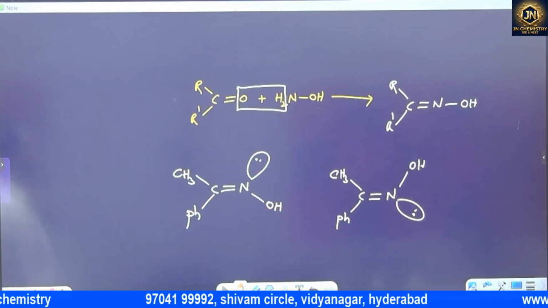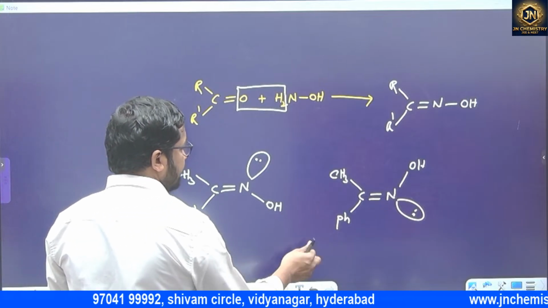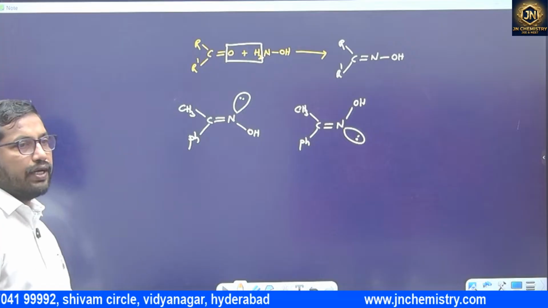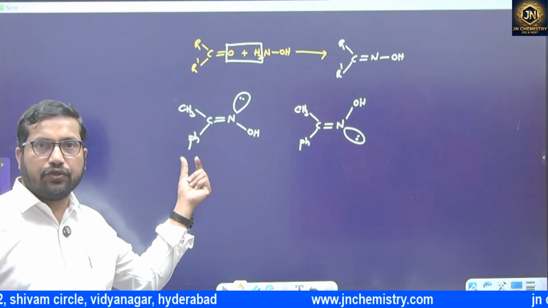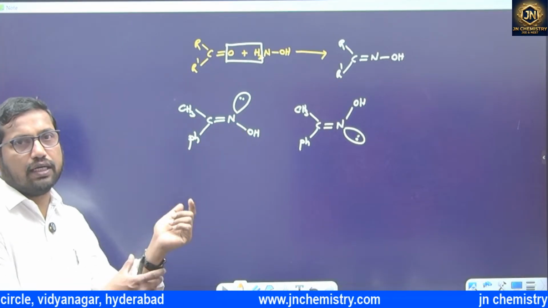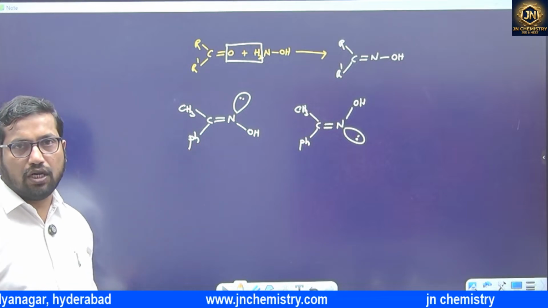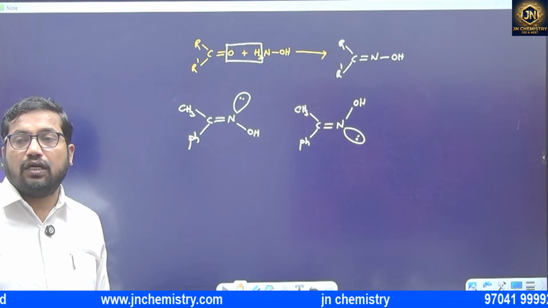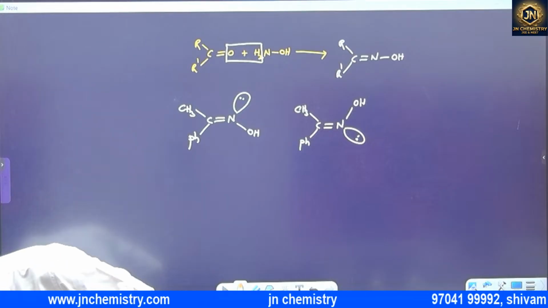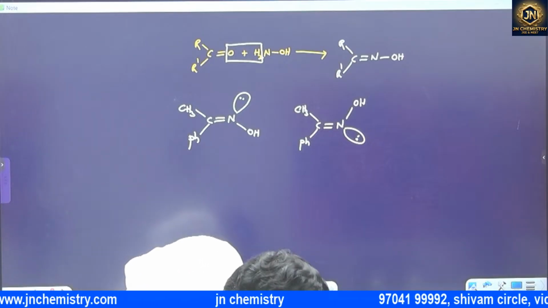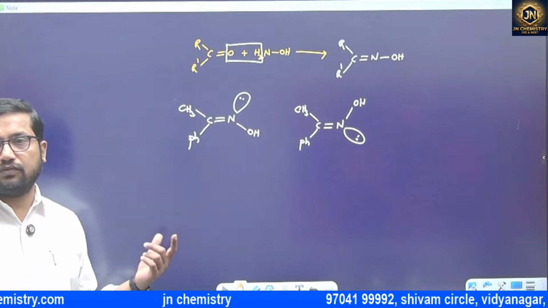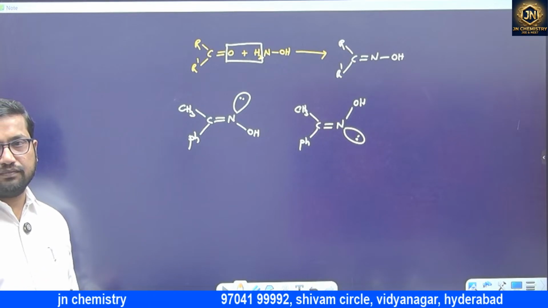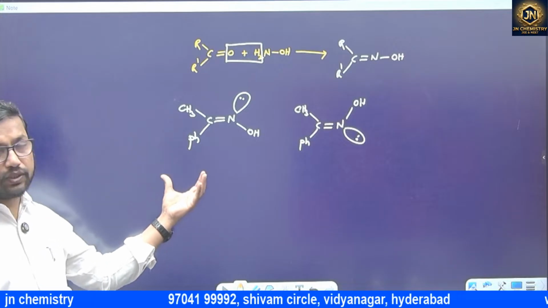Yes, Nana. Now in this case, how can we say syn and anti? Anyone? Earlier I told you H and OH in the case of aldoximes. In the case of ketoximes, how do we say it? Online guys? The groups keep changing, right?